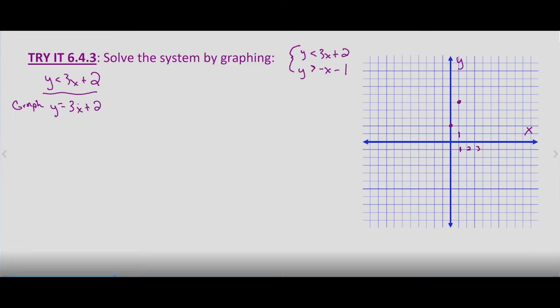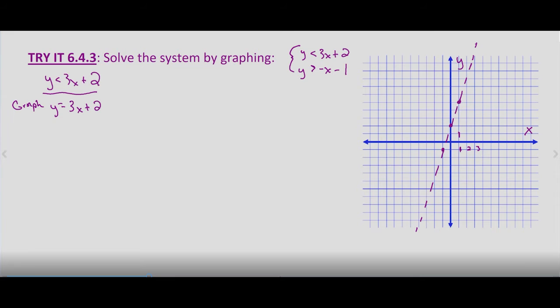Let's use negative 1. 3 times negative 1 is negative 3, plus 2 is negative 1. So we'll be at (-1, -1). And then we'll graph the line through those points, remembering again, it's going to be a dashed line.